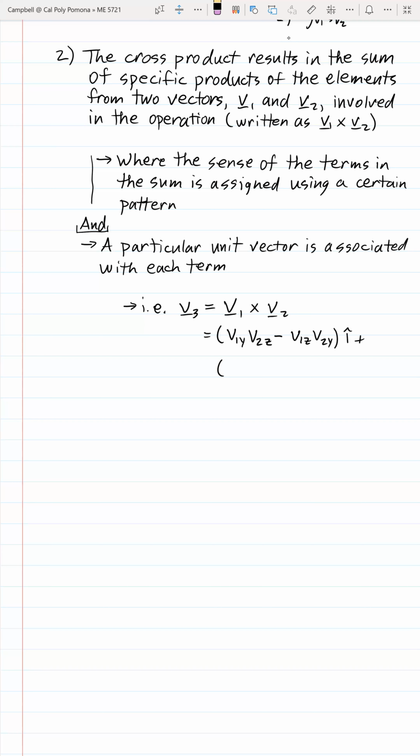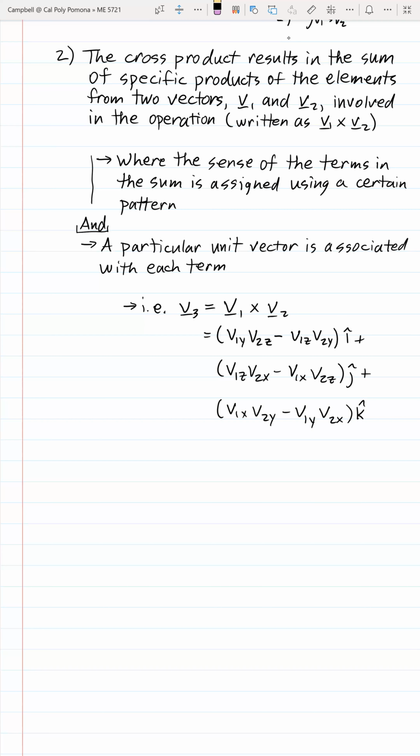for our next component, we have V1z times V2x minus V1x times V2z, all that times j hat, plus, and then last but not least, V1x V2y minus V1y times V2x, and all that multiplied by k hat.